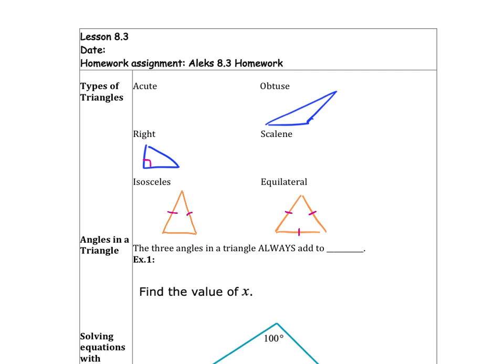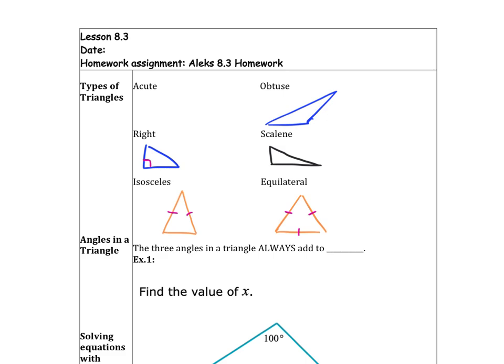Since an equilateral triangle has two tick marks, it's also an isosceles triangle. All equilateral triangles are isosceles, but not all isosceles triangles are equilateral. And then a scalene triangle is where all of the sides are different lengths.